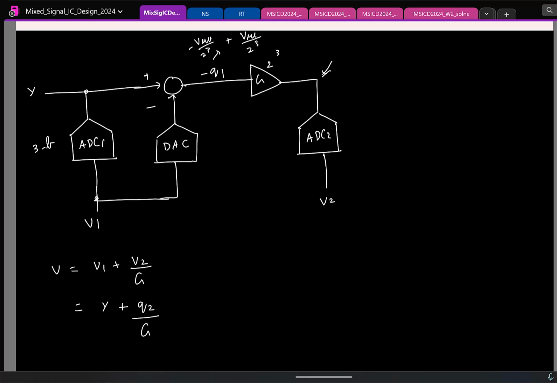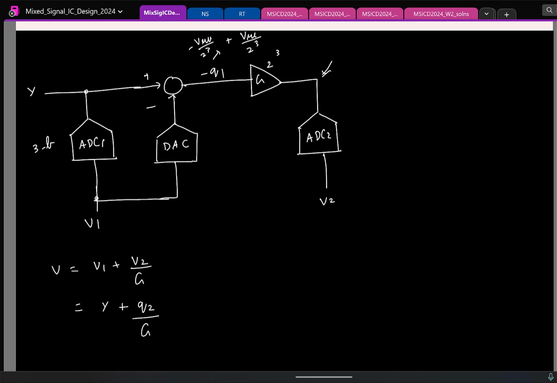It will be larger. It will exceed its full scale range, so which means the ADC will saturate. This entire exercise is based on the assumption that I'm getting an estimate of Q1 in the digital domain and cancelling it. If the signal here exceeds the full scale range, then the ADC2 will not be able to faithfully reproduce Q1.